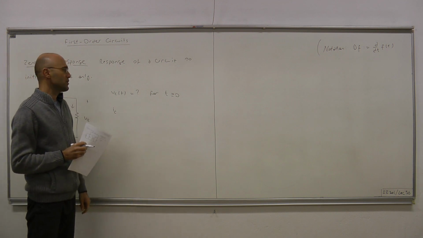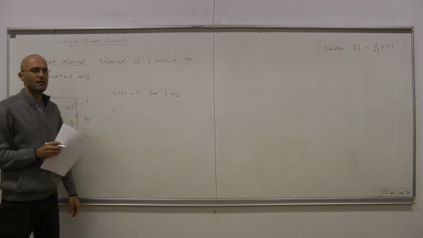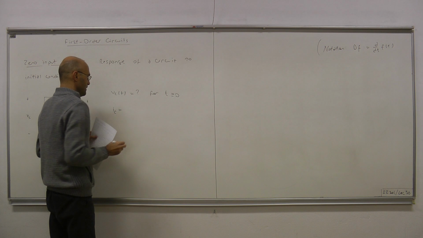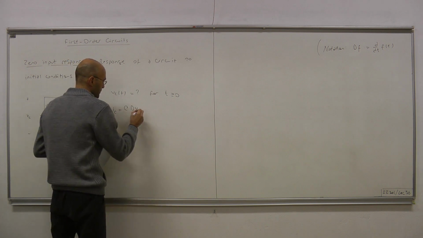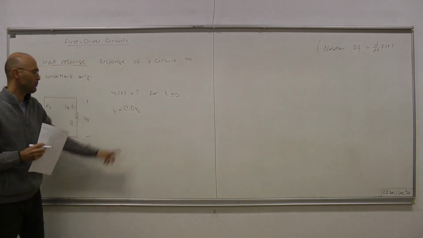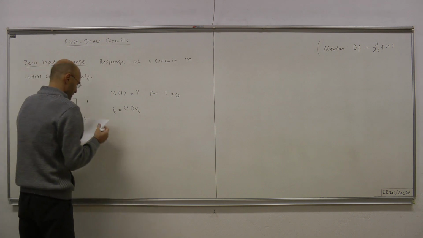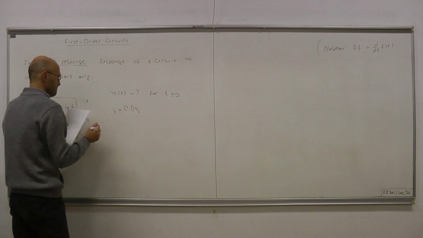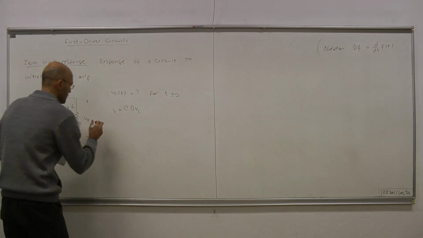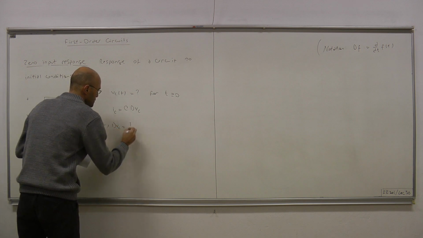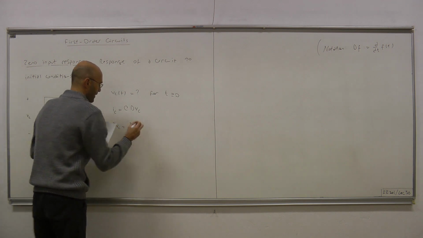To obtain that equation, we start from the terminal equation of the capacitor, which says the current is proportional to the rate of change of voltage, and the proportionality constant is capacitance. So we can write DVC equals 1 over C times IC.